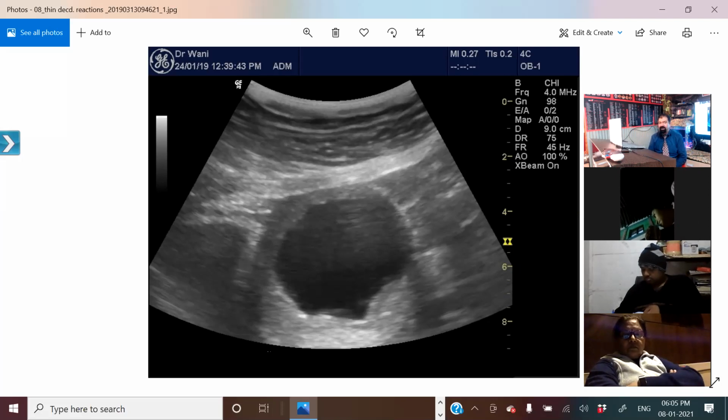With 16 millimeters, you should see a fetal pole in a gestational sac on TVS, and on transabdominal scan, it is 25. And to see a yolk sac, the gestational sac should be 8 on TVS, and on transabdominal scan, the cut-off is 20.